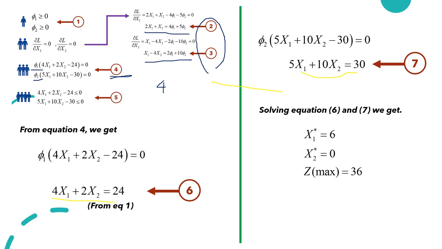You can also substitute the same in either equation 2 or equation 3 to identify the values of phi1 and phi2. So this phi1 and phi2 value should satisfy the first condition. If it satisfies, you will get the correct answer.